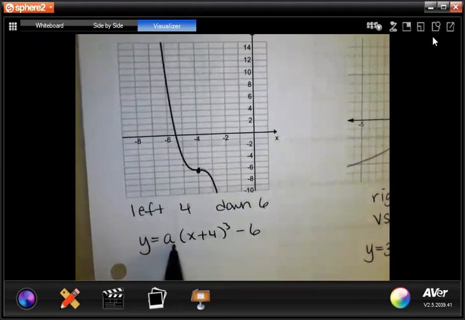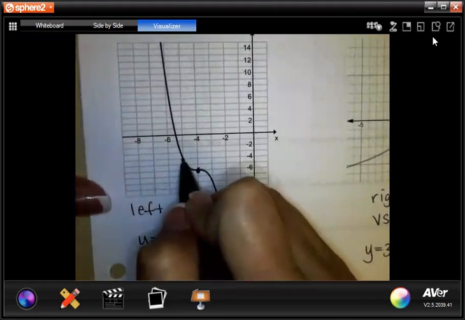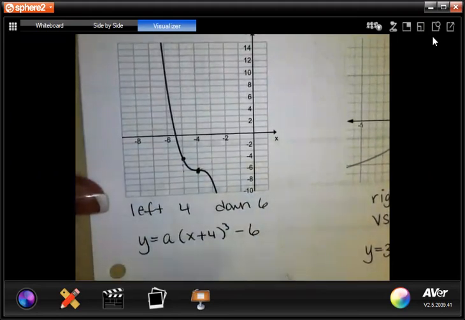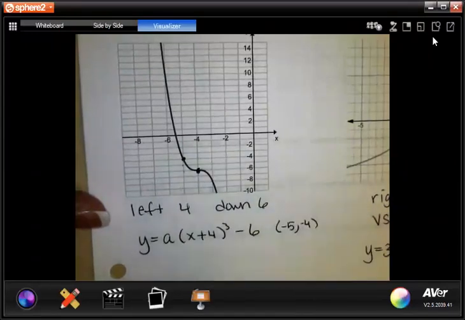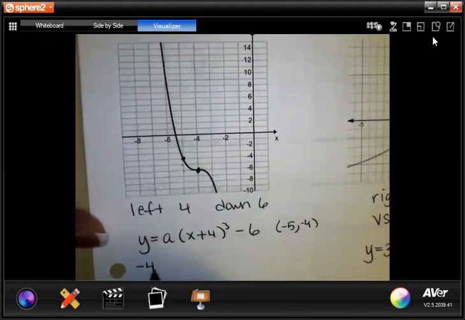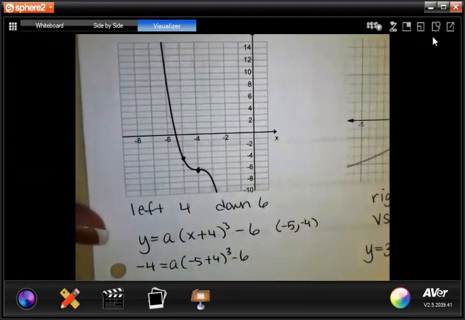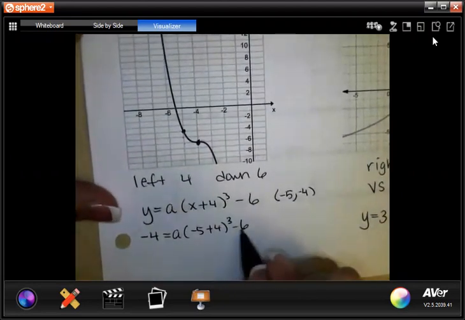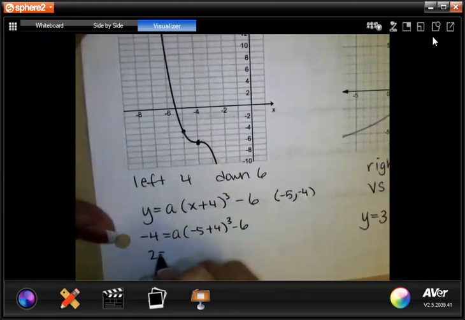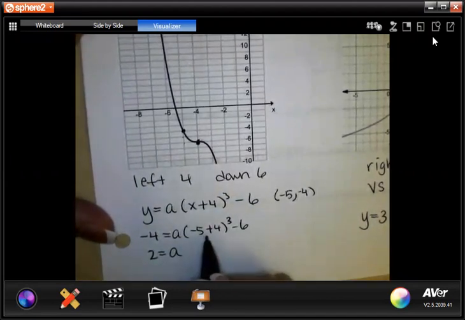Then to figure out this a value, I pick any other point on our graph, and so you want to pick a whole number. So that one right there looks like a good one. That is the point -5, -4. And I plug that in for my y. Now I've made that a one variable equation that I can solve for that a. I add the 6 to get it to the other side, and that gives me 2 equals a. -5 plus 4 is -1.